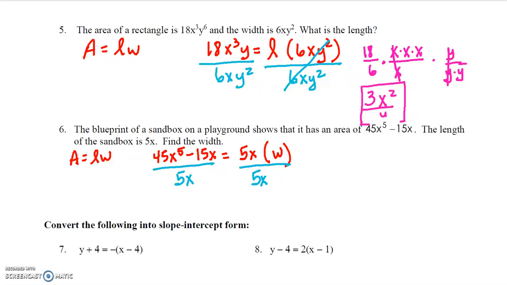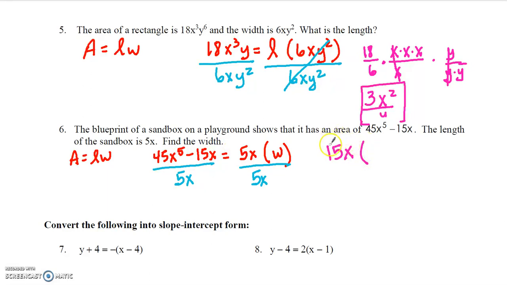Now, the difference in number 6 and number 5 is in number 6 we have a minus sign. Up here in number 5 it was just all multiplication, so I can just simply reduce like we did. But over here, because I have a minus sign, I actually have to factor. So if I look at 45 and 15, I can see that I can factor out a 15 out of both of those. And then I have x cubed and an x, so I have a greatest common factor of just x.